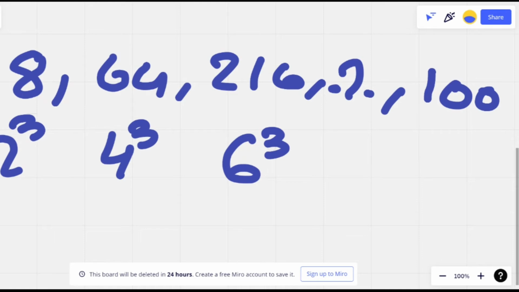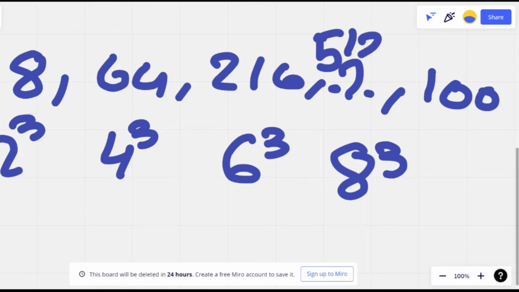So 2 cube, 4 cube, 6 cube, and now 8 cube. If you know 8 cube, answering this kind of question is very simple in any examination. 8 cube is 512. If you pick the option 512, that would be your answer. I hope you understand.